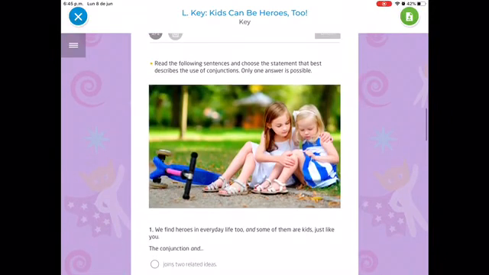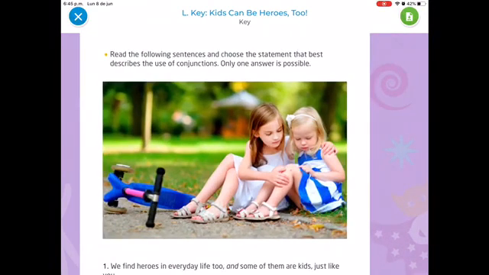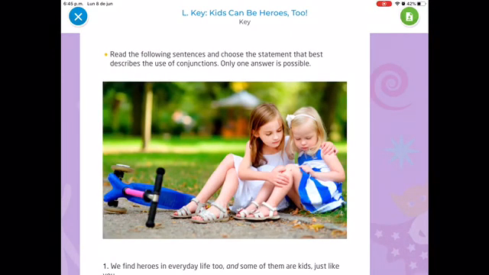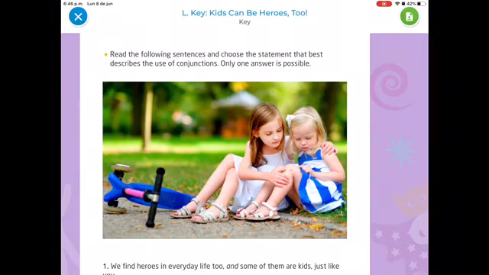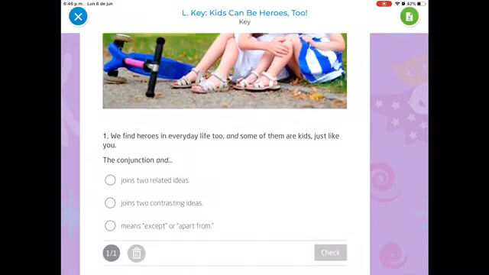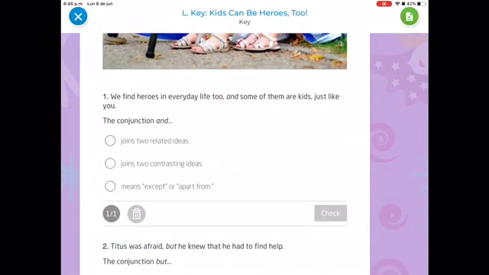Now, read the following sentences and choose the statement that best describes the use of conjunctions. Only one answer is possible. Remember, conjunctions are words that put together two ideas in a sentence. We find heroes in everyday life too, and some of them are kids just like you.